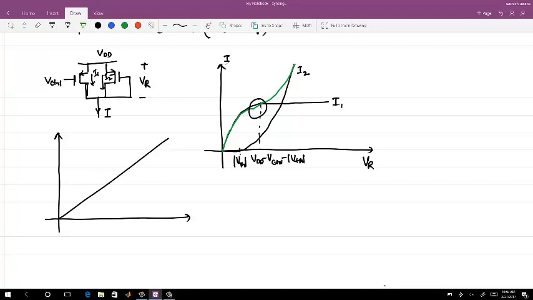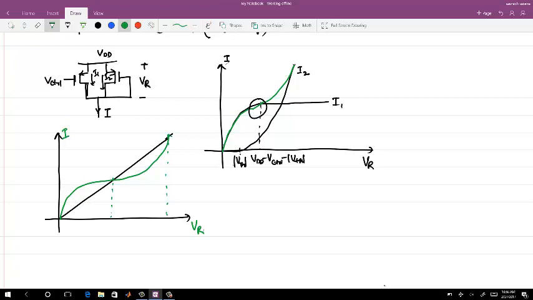Let me draw with a different color. All these values you can work out using the linear and saturation regions, VR and I. This is total I.